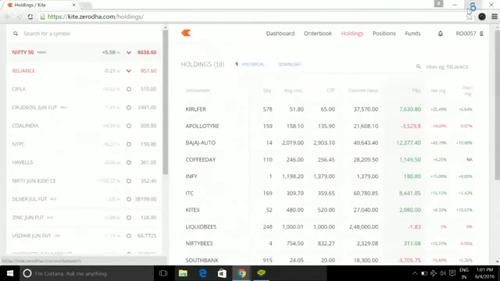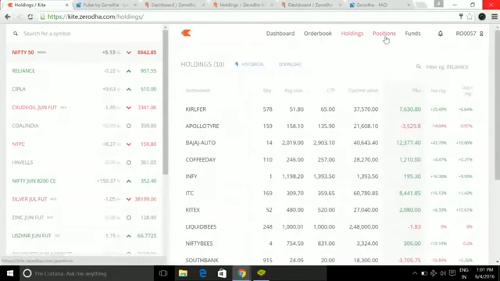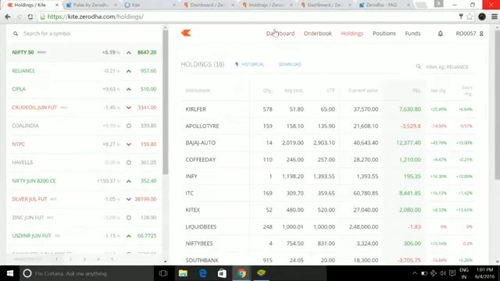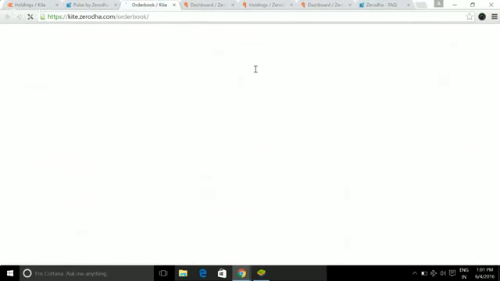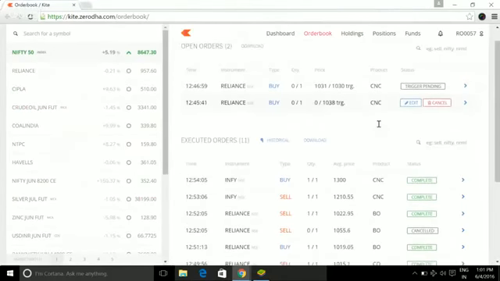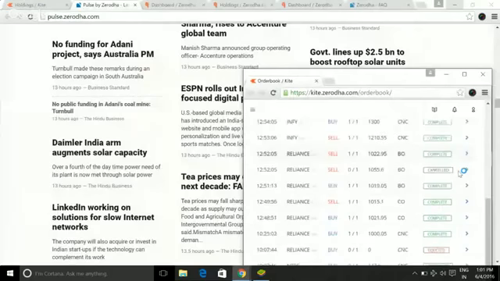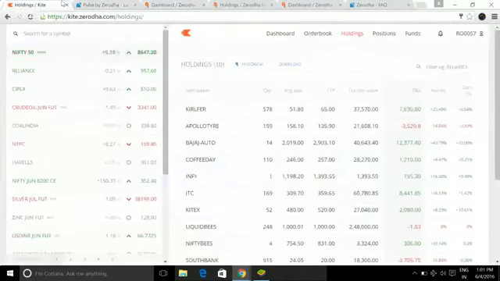Right now I popped out holdings, but you can pop out positions and order book. You can right click on this, say open link in new tab, right? And keep the new tab popped out and open like this. So it's quite straightforward actually.